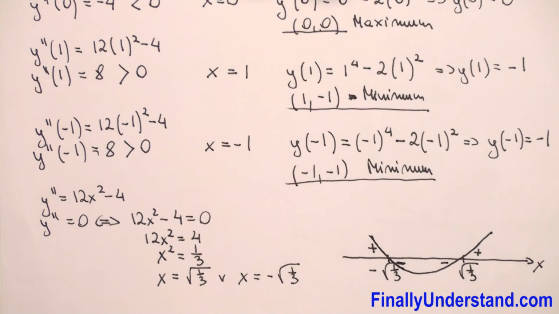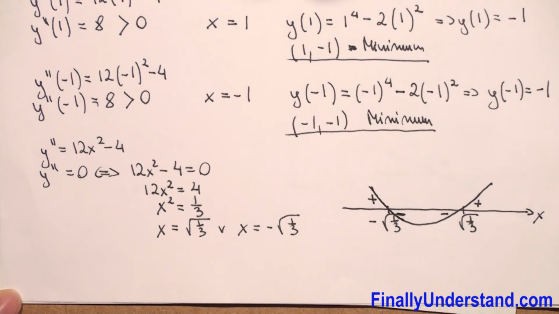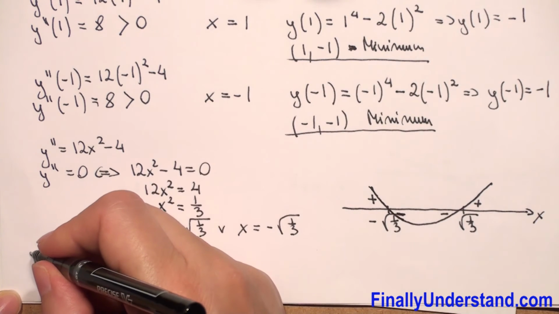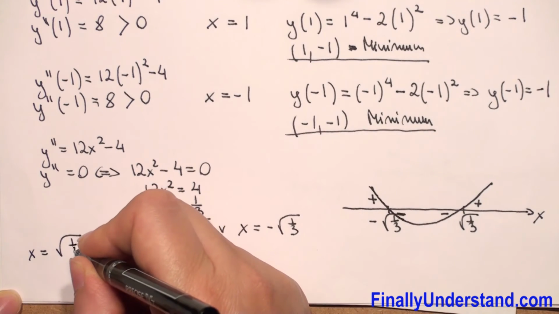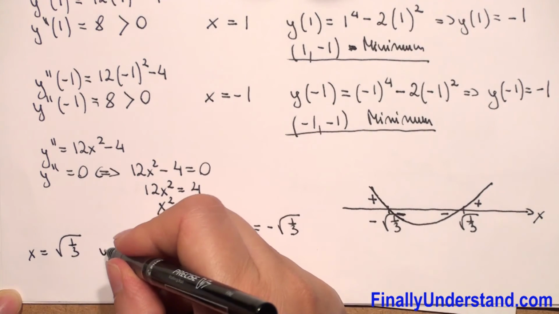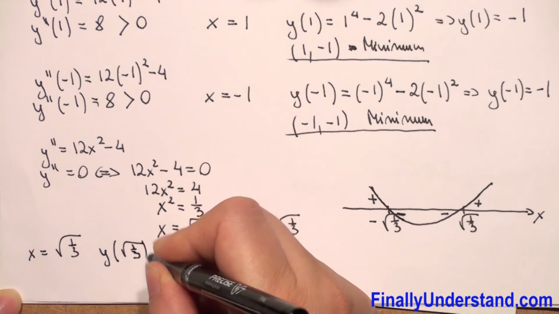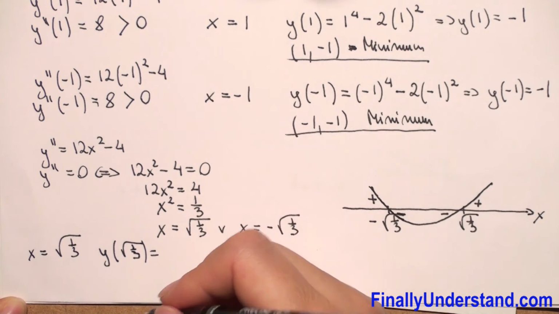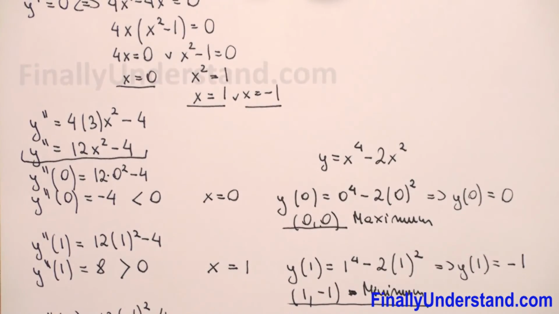So first we will find the second coordinate for x equals square root of 1/3. So let me copy this. x equals square root of 1/3. So y of square root of 1/3 is equal to, we have to replace x by square root of 1/3.